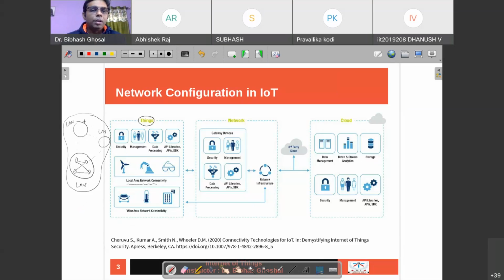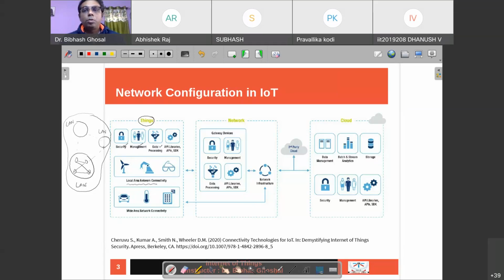We know that the idea of things is to do basically data acquisition, some initial data processing, and some security and management that you can add to that. Because if you want to do some kind of processing, you may require some security and management here. So this is the network connectivity.